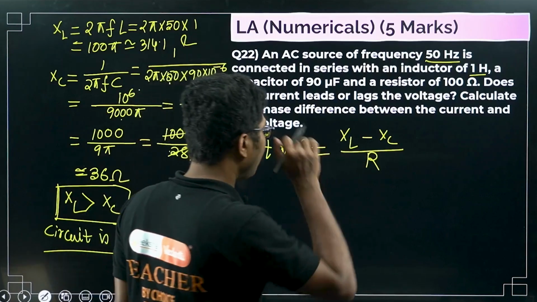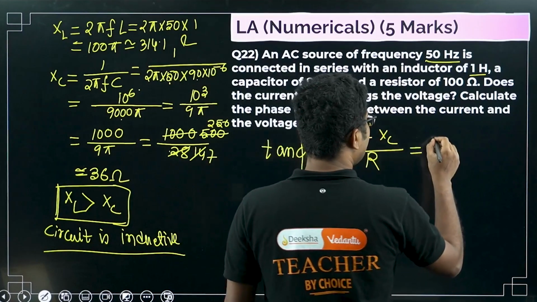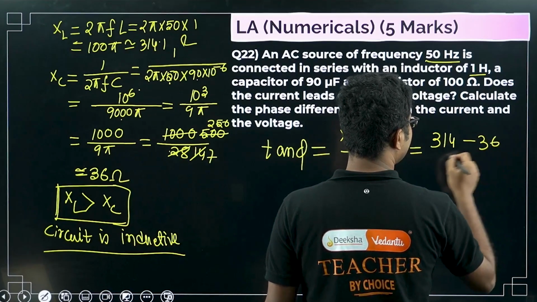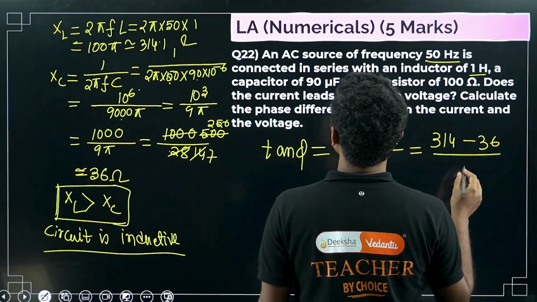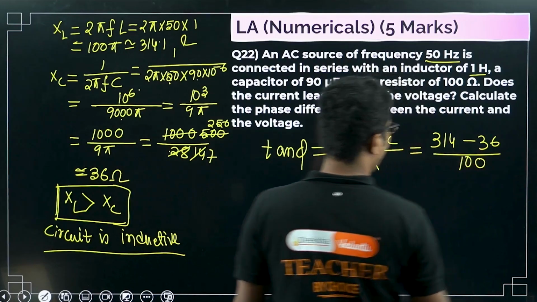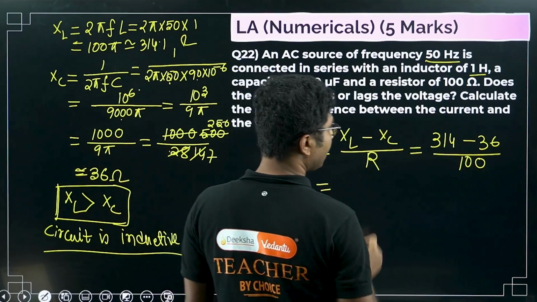That you have to remember. So it will be 314 minus about 36 divided by R. What is the value of R? 100 ohm.